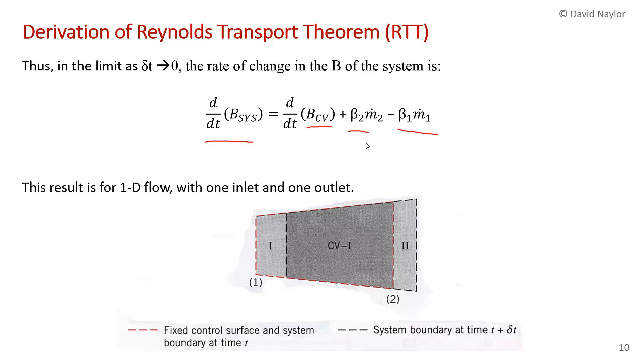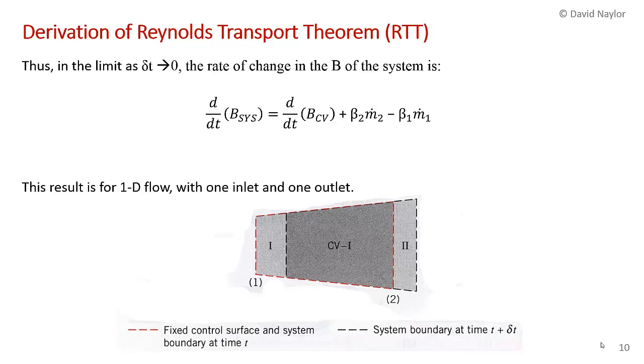Remember, beta is an intensive property. It's the property per unit mass times the mass per unit time. The mass flow rate gives you the rate of flow of B. So that's the outflow, and the second term is the inflow. And the system has gained this amount of outflow and lost this little sliver of inflow.